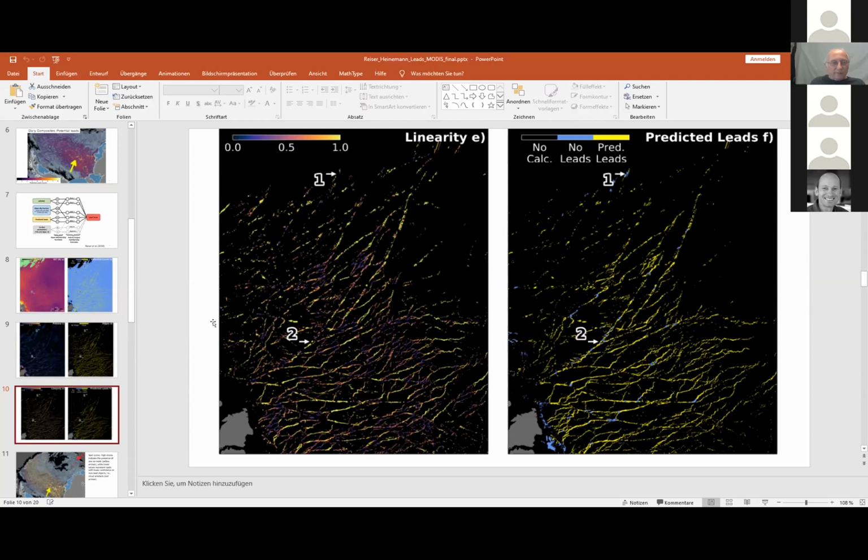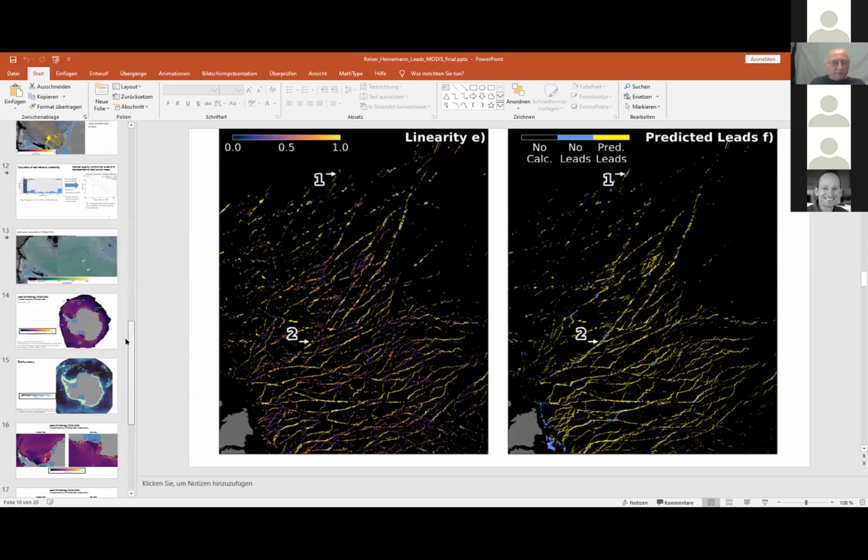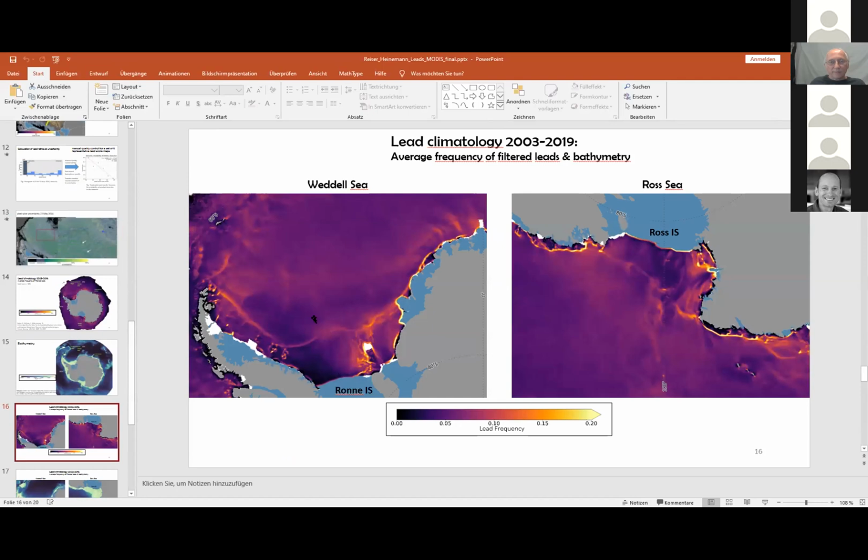You see some frequency, as in the climatology, again, back to here. You see sometimes 10% of the time we have leads in this area, but we see only this very consistent picture here with the bathymetry.